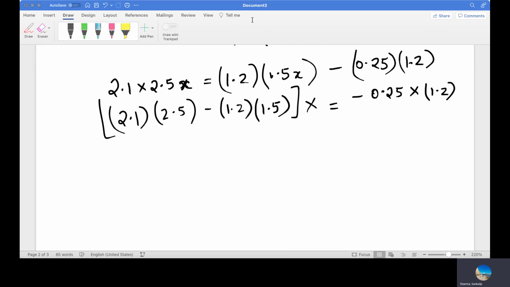So 2.1, let me just use this directly, 0.25 times 1.2, and then divided by 2.1 times 2.5 minus 1.2 times 1.5.